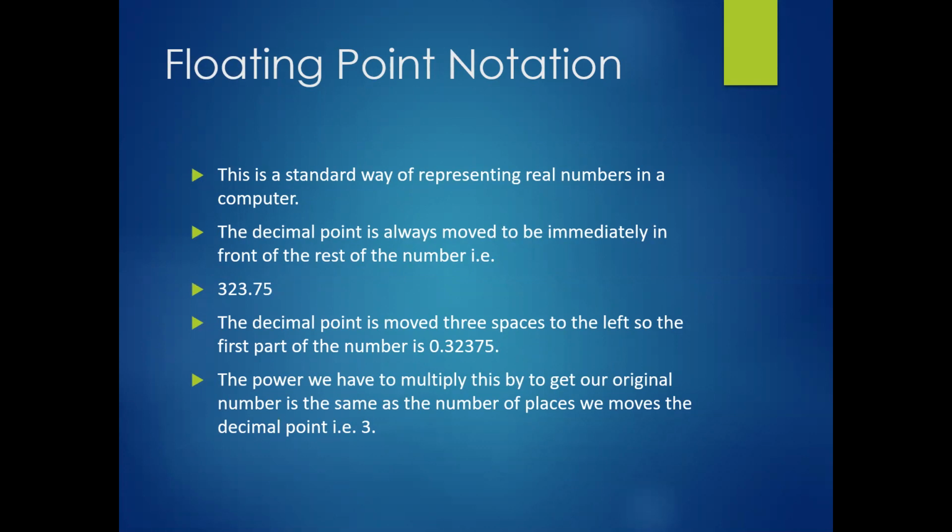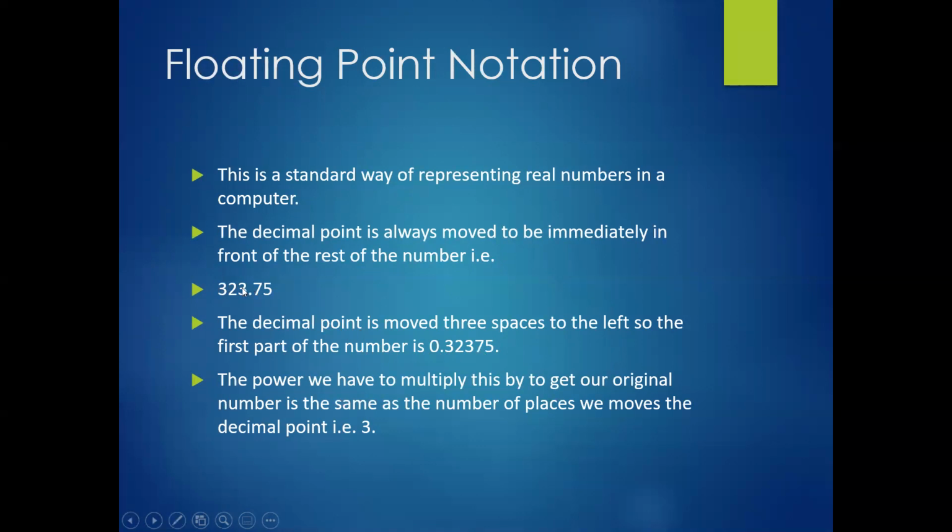So 323.75, the decimal point is moved. In this case, it has been moved 1, 2, 3 places, so it's in front of all the other digits, and that becomes 0.32375. The power we have to multiply by is the same as the number of spaces that we move the decimal point.